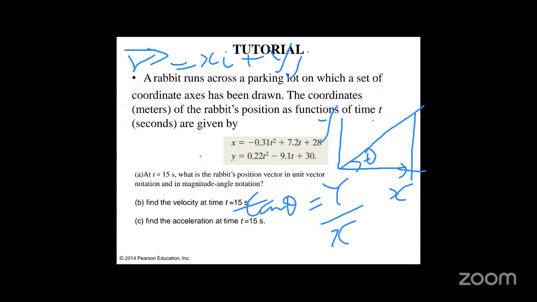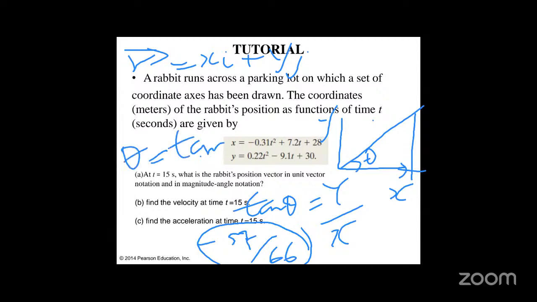That is y over x. What is y? Y is minus 57. What is x? X is 66. So if you simplify this, theta will be tan inverse of minus 57 over 66.